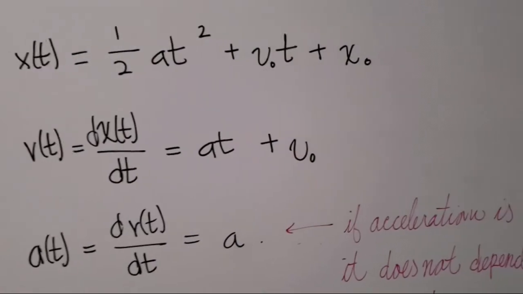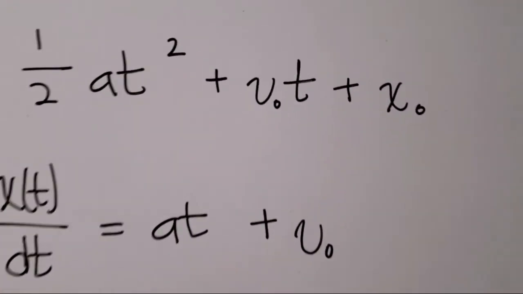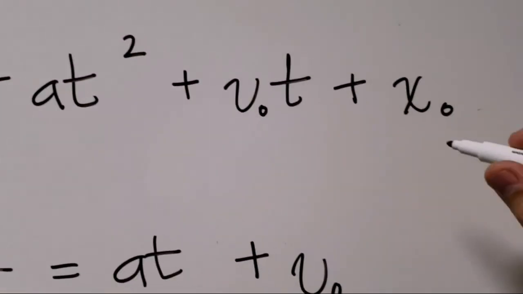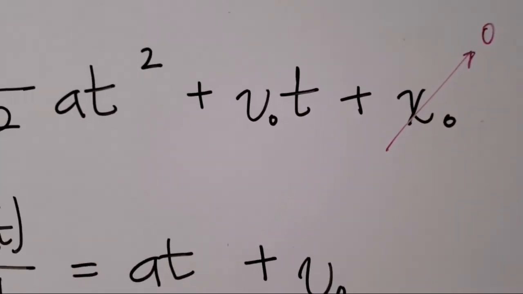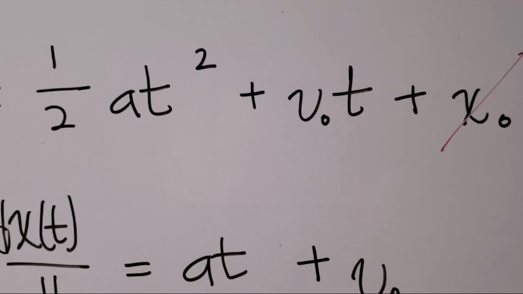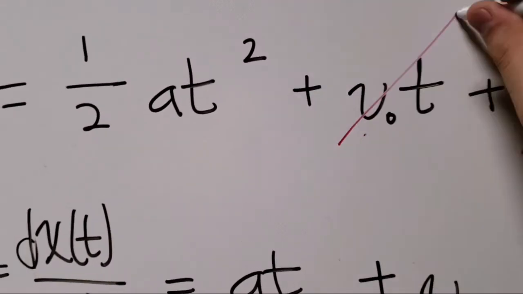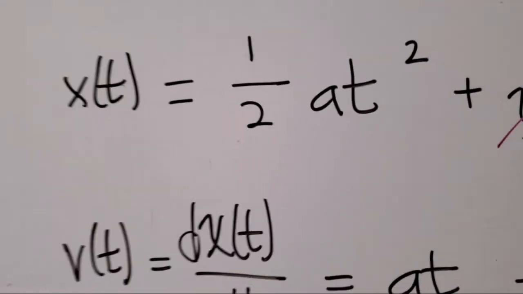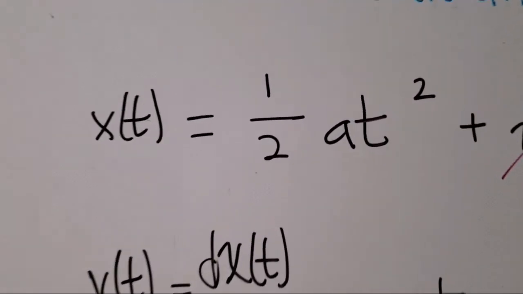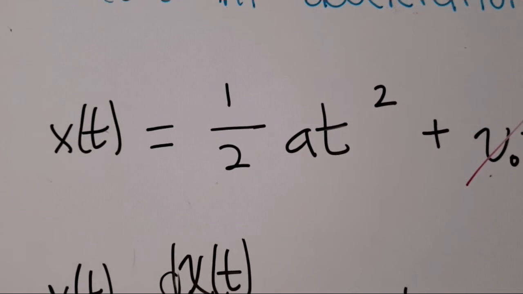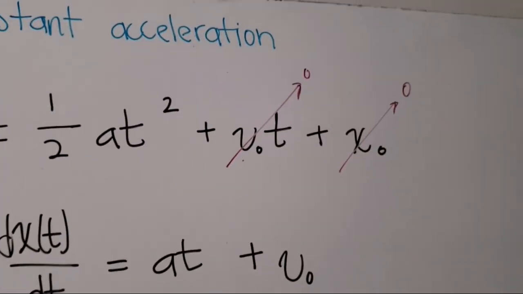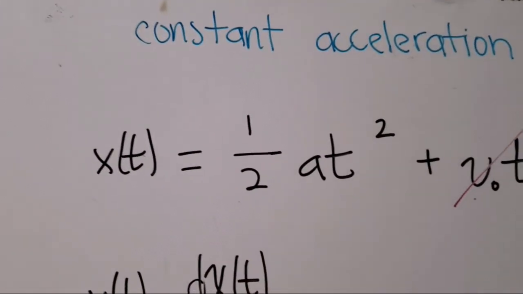So if I just cross those out so you can see what I'm talking about, if you're starting at position 0, that can go to 0, which means it disappears. If your initial velocity is 0, well, that just takes care of that term. And so this equation, x of t equals 1/2 at squared, is what you'll be left with. And that essentially is saying that you're starting at position 0 with an initial velocity of 0.